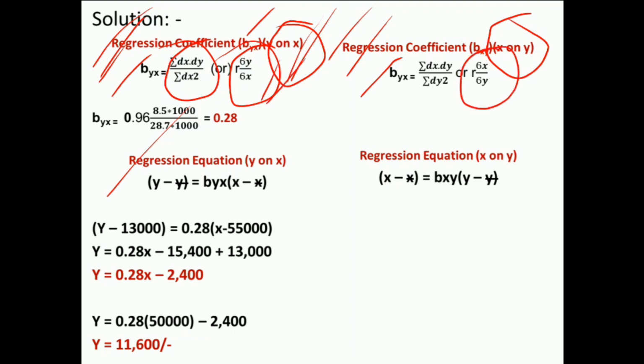Similarly, for x on y, this is bxy. Here it has been wrongly given as byx. It is bxy equals r into standard deviation x divided by standard deviation y.